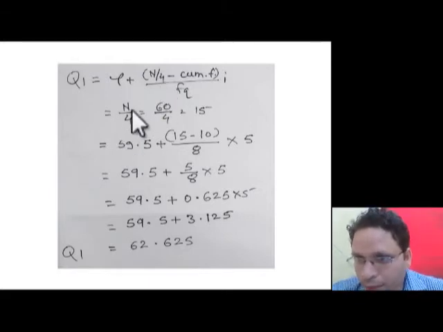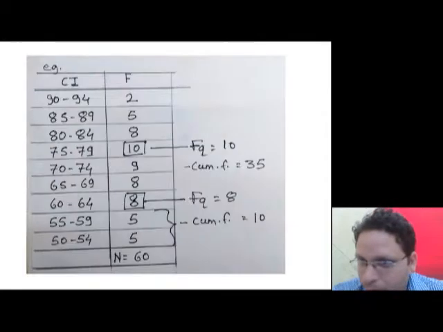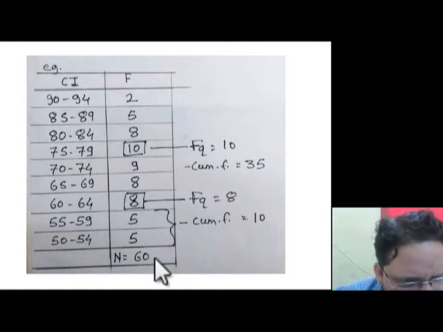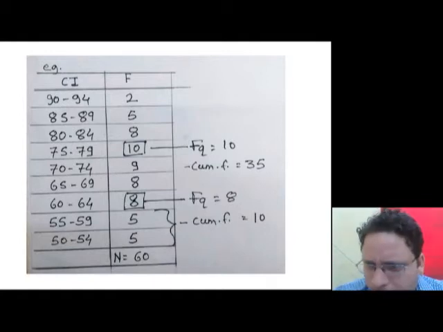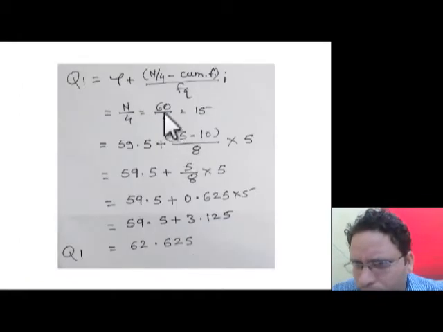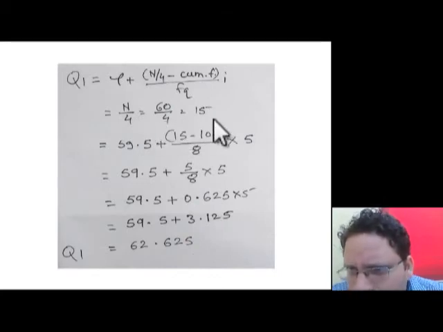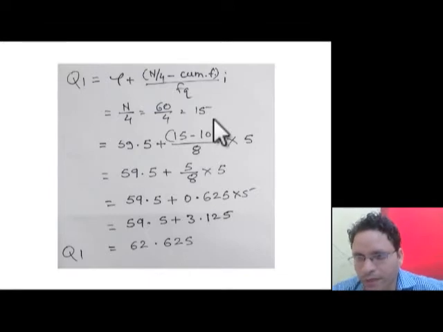The value of n is given in the table: n is 60. We have to divide by 4, so 60 upon 4 gives 15. Now we got the value 15.